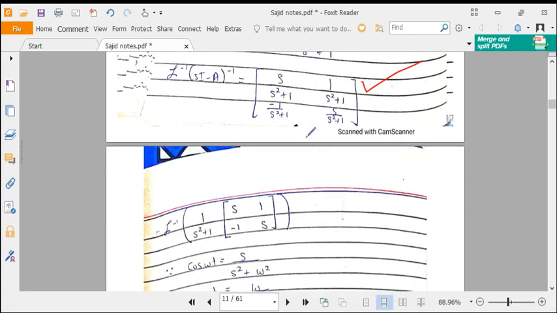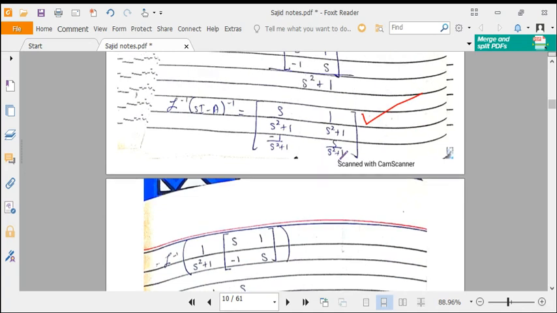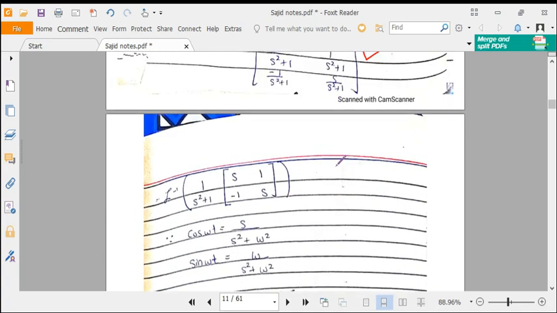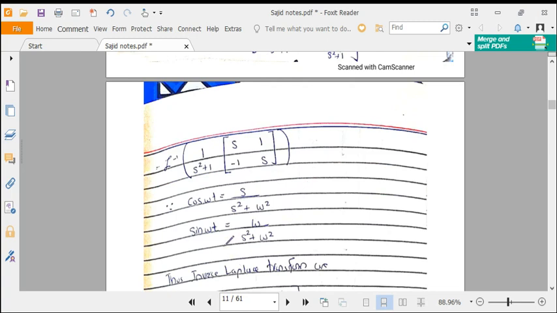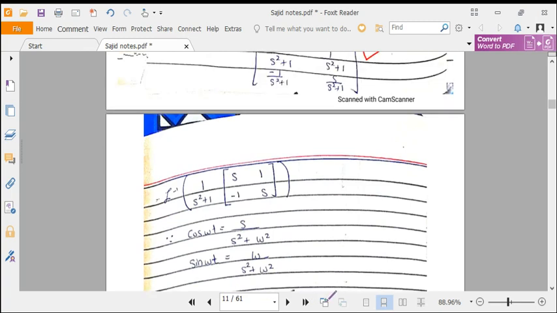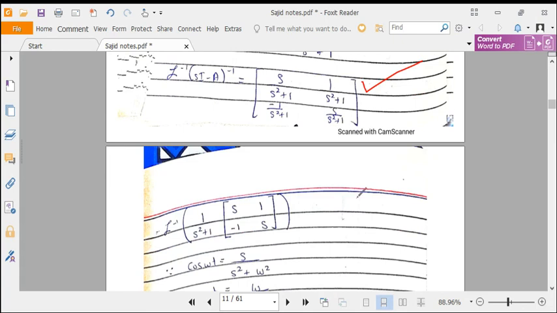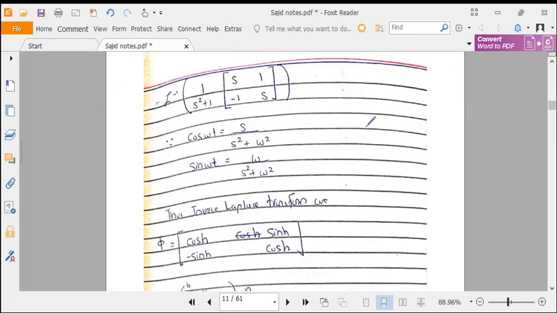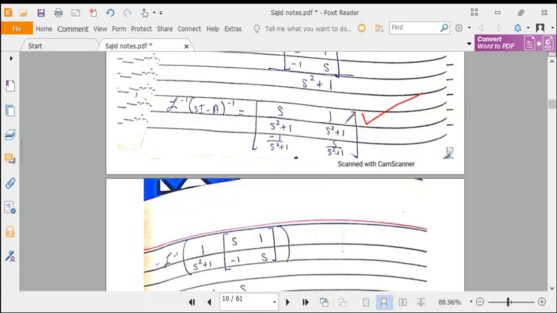So we have to take the Laplace inverse of this system, and here we know the Laplace inverse formulas: cos omega t equals s over s square plus omega square, and sin omega t equals omega over s square plus omega square. So this would be our formula.